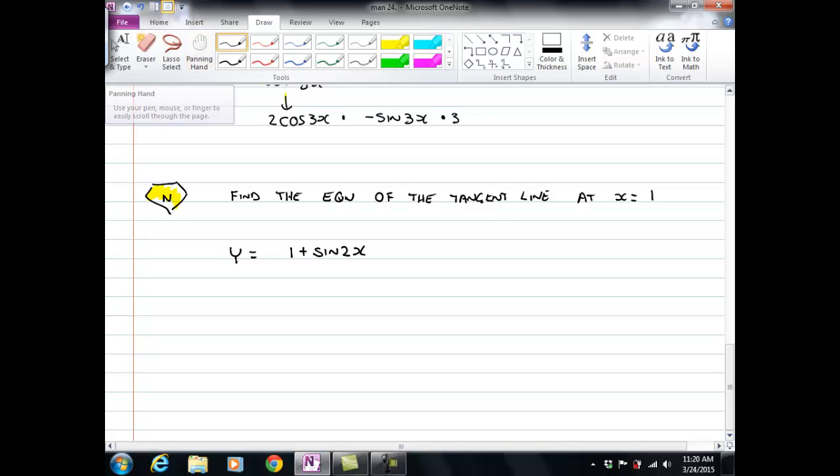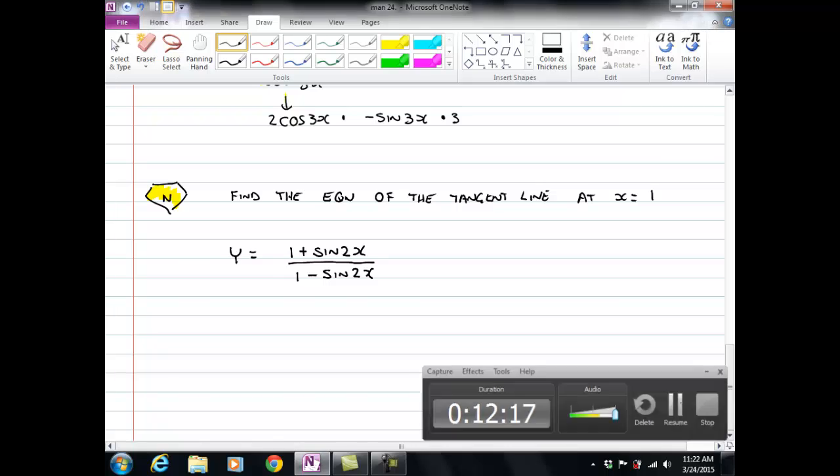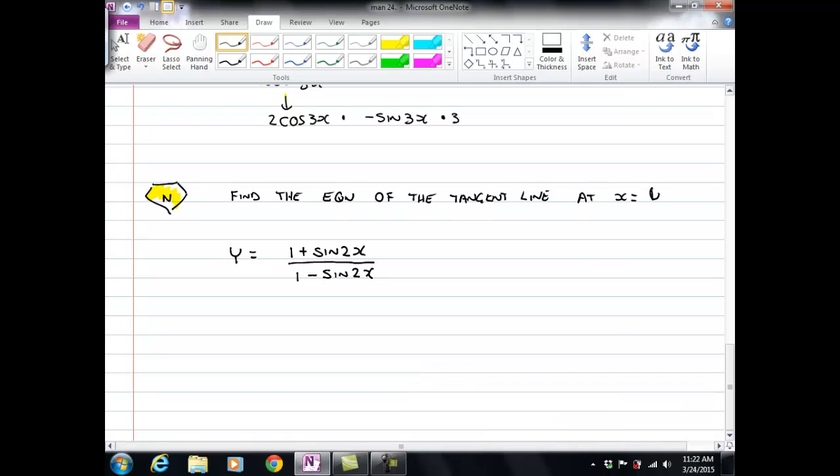Oh please, as if I would ever do such a thing. I'm going to make it a bit easier. I'll make it x equals 0. It'll help you guys out. At x equals 0. It's going to help you out.